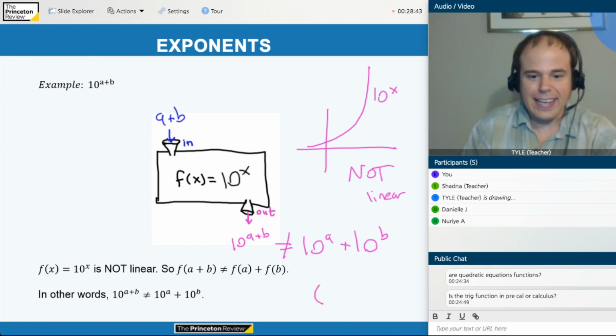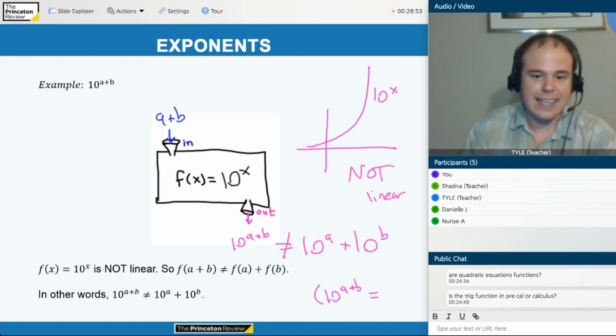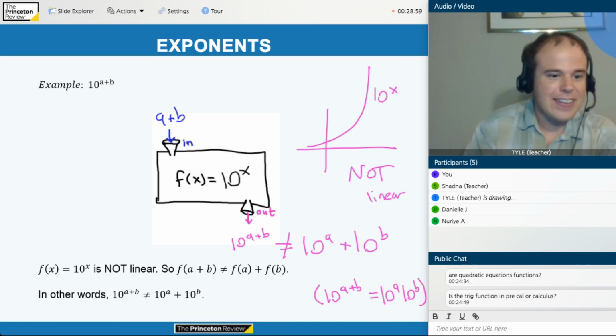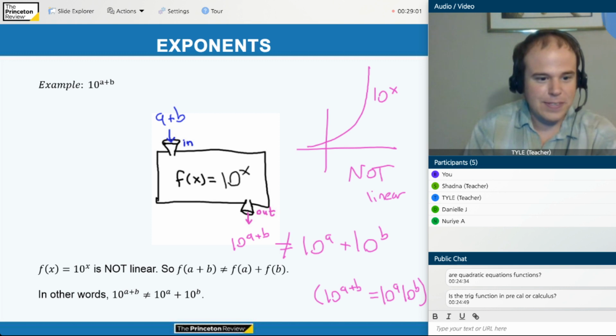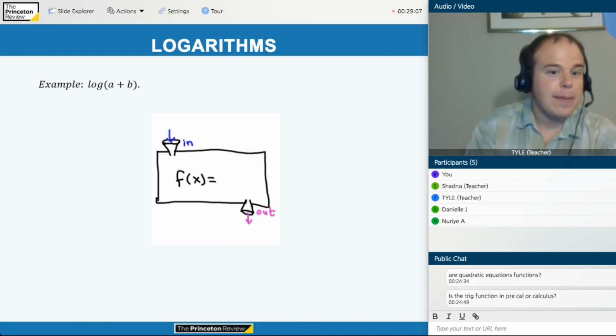Hey, by the way, if you saw our previous video about exponent rules, maybe you remember that 10 to the a plus b is actually 10 to the a times 10 to the b. You can see our previous video about exponent rules for more about that and other related manipulations with exponents.